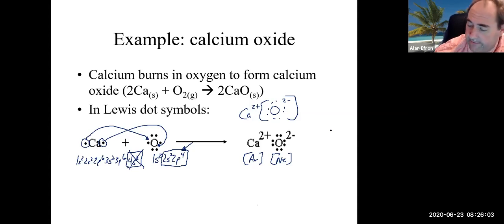So if we take our calcium, again going to have our 2 valence electrons. And if we put it together with our fluorine, which is group number 7 on the periodic table, we'll have 7 valence electrons. And again here, the calcium really does need to lose 2 electrons.